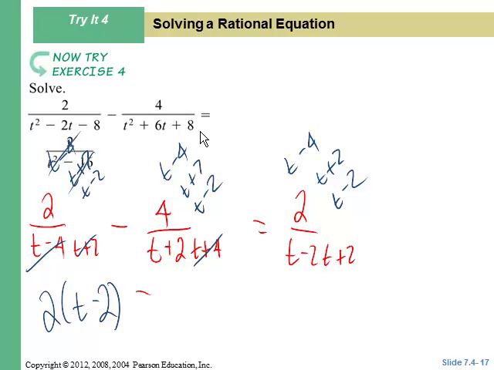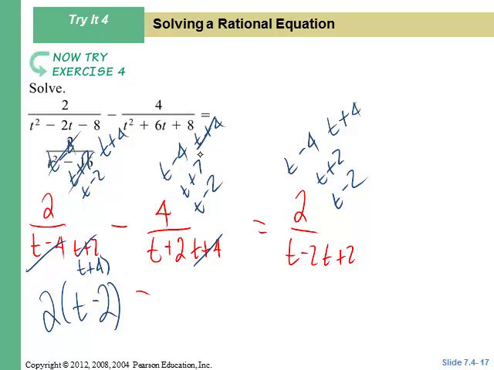Uh-oh, t plus 4 we need in there too. T minus 2, t plus 4.